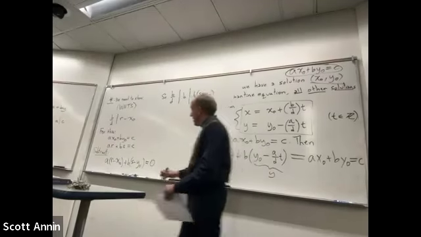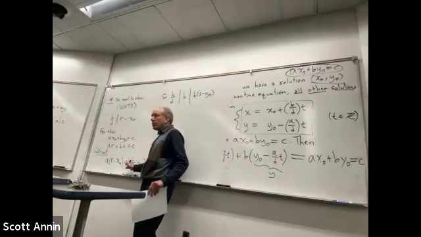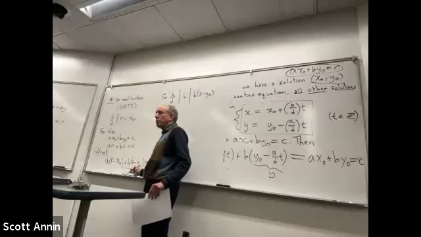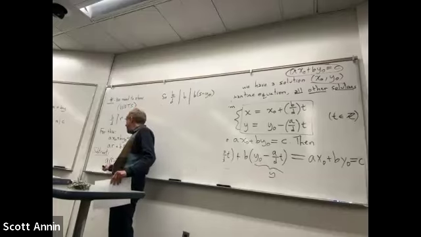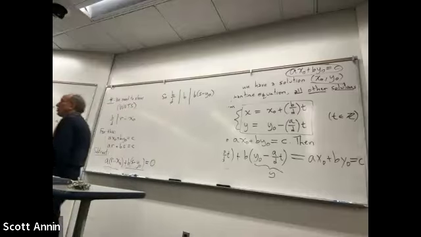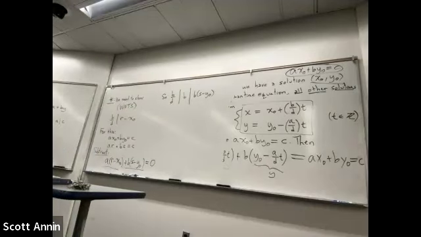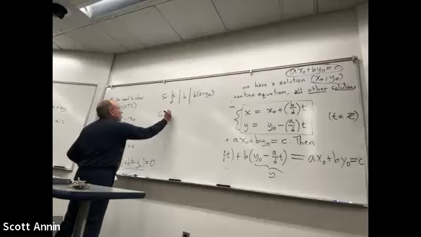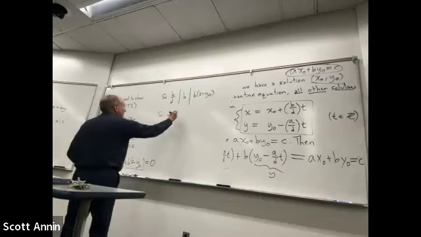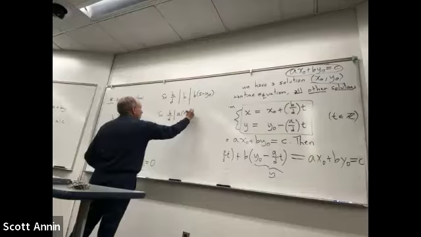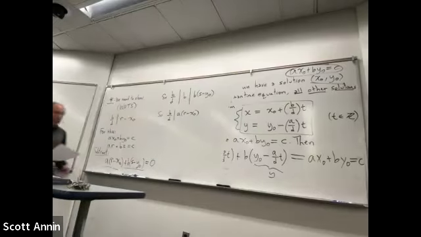But B times S minus Y naught is basically the same thing as A times R minus X naught. There's a minus sign there, but other than that, no big deal. So B over D actually divides A times R minus X naught.